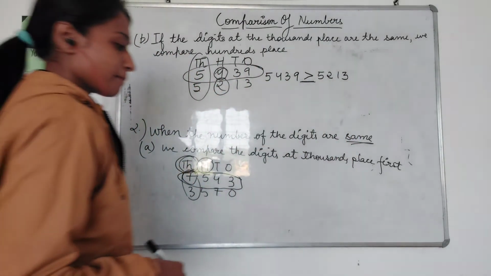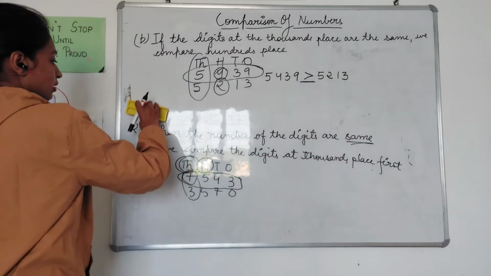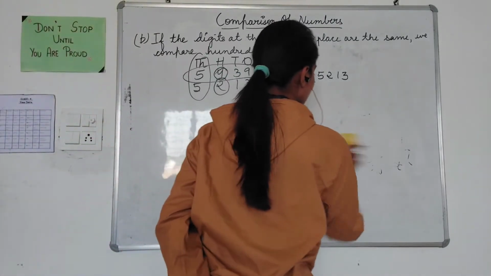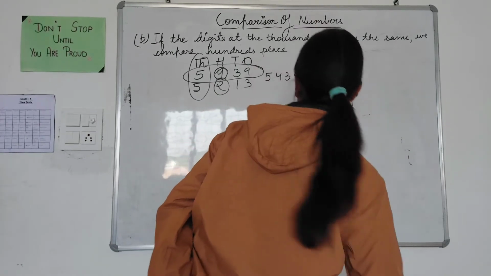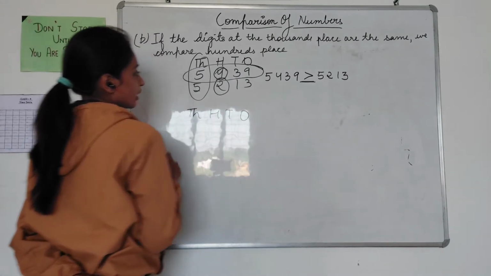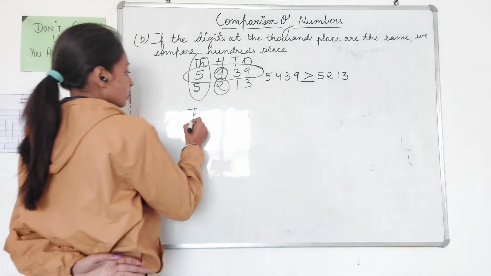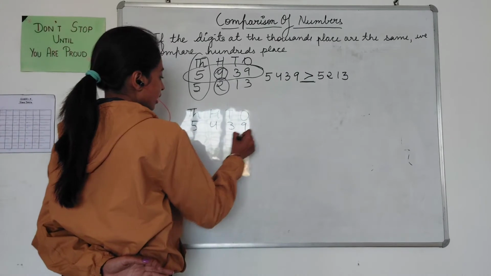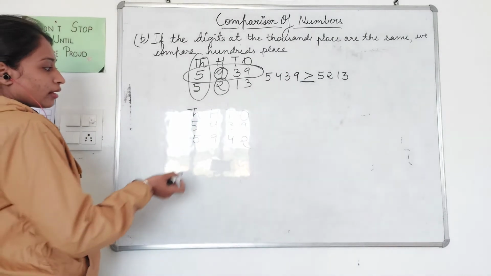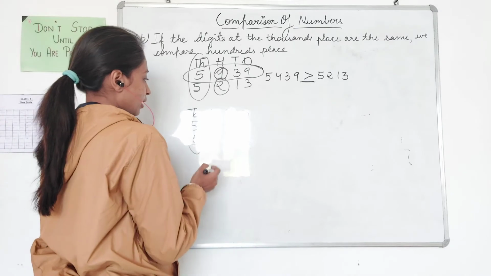ओके एंड फॉर एग्जाम्पल अगर हमारे पास, लेट्स चेंज द डिजिट्स. अगर हमारे पास दूसरी वाली डिजिट बड़ी होती ग्रेटर होती, लाइक वी हैव 5, 4, 3, 9 and here we have 5, 9, 4, 2. Now here the digits at the 1000 place is the same.